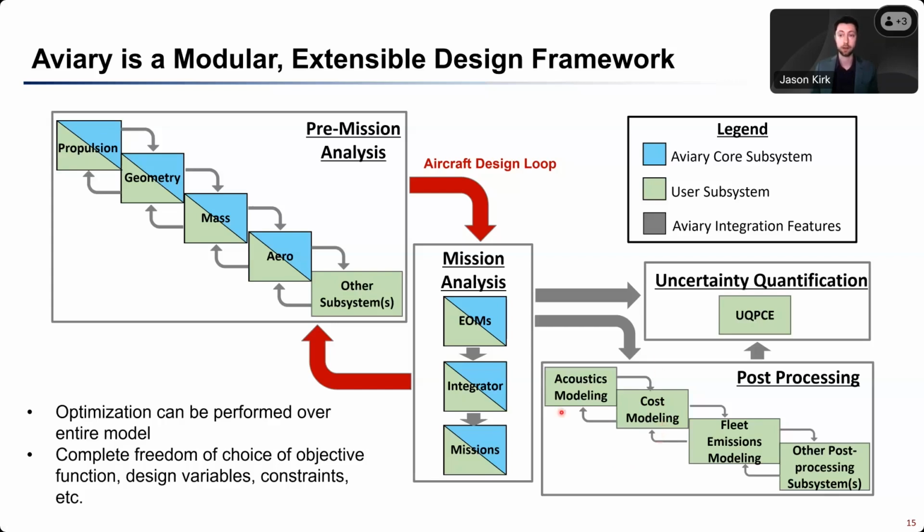If you also add in an acoustics model, you can add a constraint that there are certain flight conditions where noise on the ground has to be below a certain point, while also minimizing cost. And then if you have your cycle design that you added in earlier, you can use those as the design variables. So now you're designing a propulsion system cycle to minimize cost while obeying acoustic constraints. And this is extremely powerful and makes the conceptual design phase a lot more dynamic. You can do a lot more unique and interesting trade studies, and it's very easy to do so in Aviary.